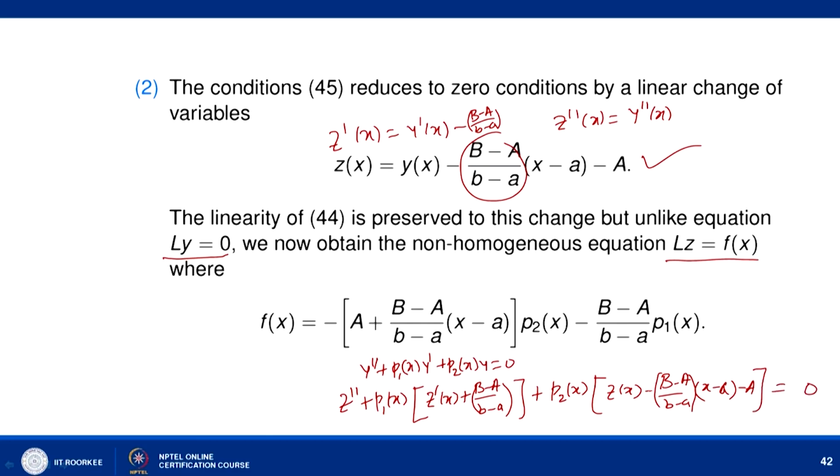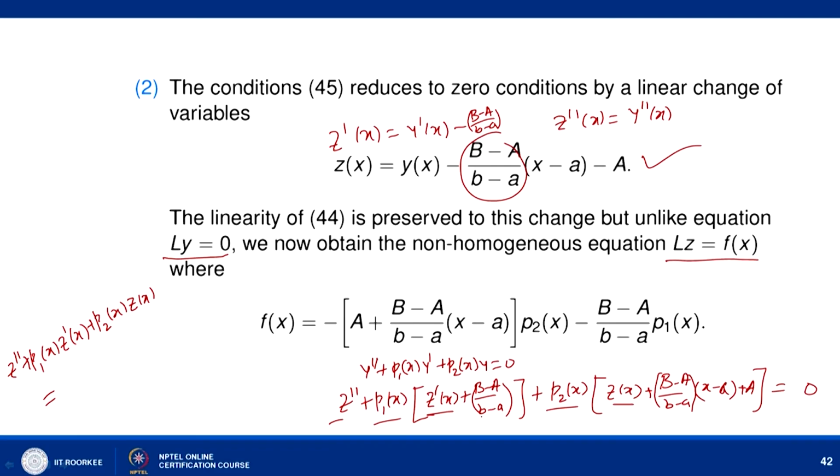I think this will be plus here and this is plus here. So here we have this, and if you simplify, you will get z double dash plus p1 x z dash x, plus p2 x z of x, and what is left we are shifting to the other side.